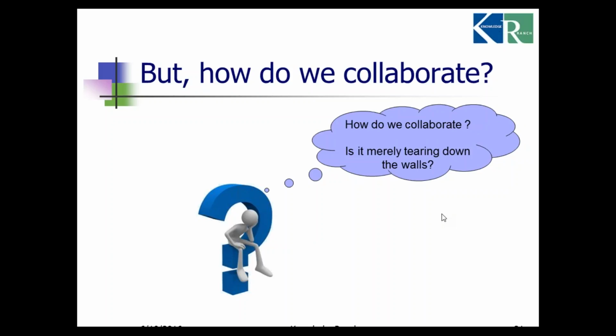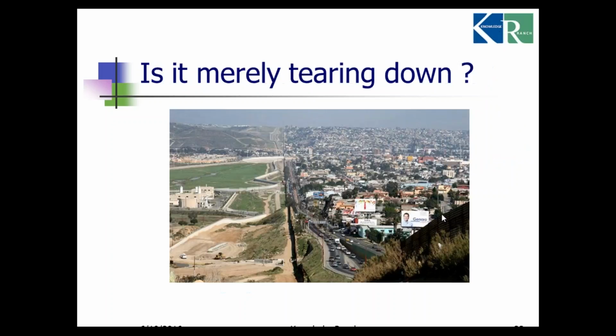Now, of course, in the earlier diagrams you saw these walls being built between development, business and operations. So is it just merely tearing down these walls? Will that take us somewhere? This map has become very popular because everyone uses this particular diagram. On your right is Mexico, on your left is the US, and you have the wall in between.